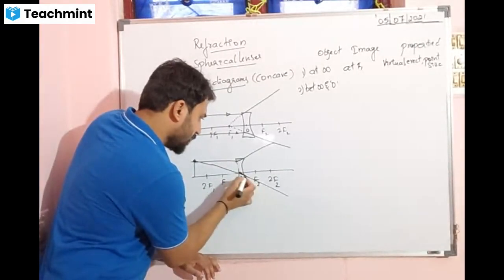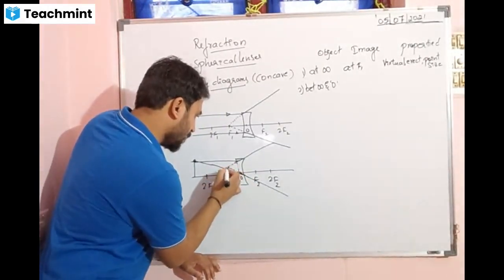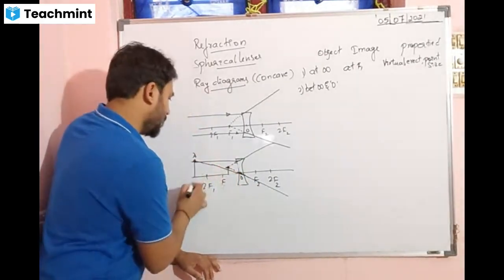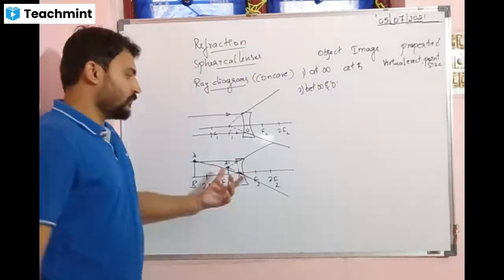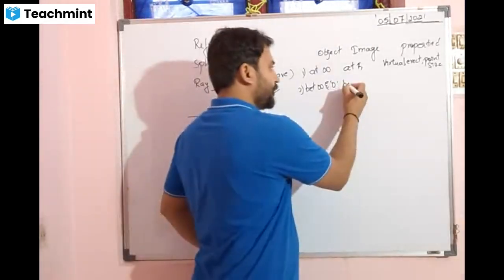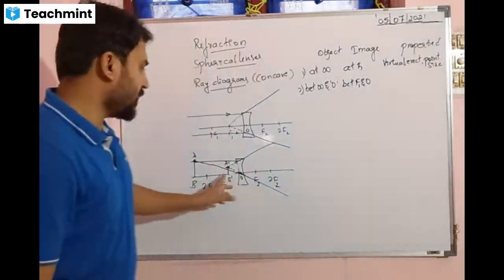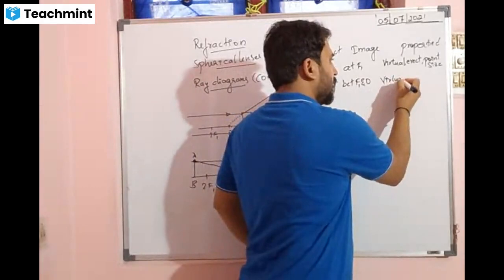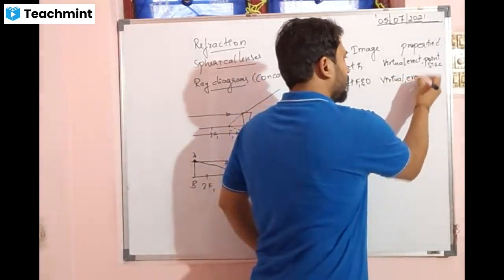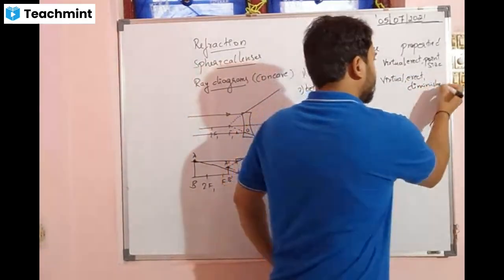It will pass and we will take it. Here it comes: AB, A dash, B dash. The image is formed between F1 and O, and the image is virtual, erect, and diminished.